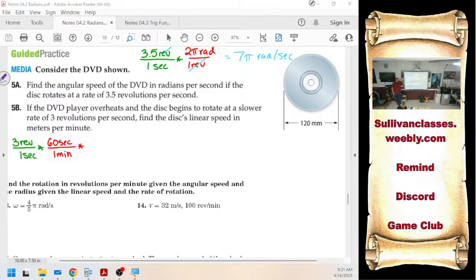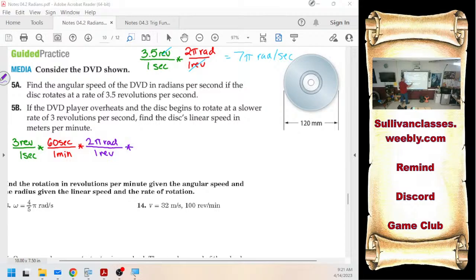I am now in revolutions per minute. I don't want revolutions per minute. I want meters per minute. I can only get over to meters by going through the boundary that a radian is a radius. So I have to get to radians. 1 revolution is 2 pi radians.